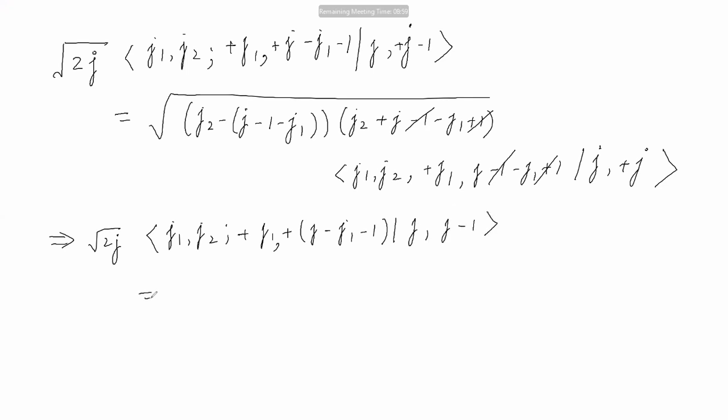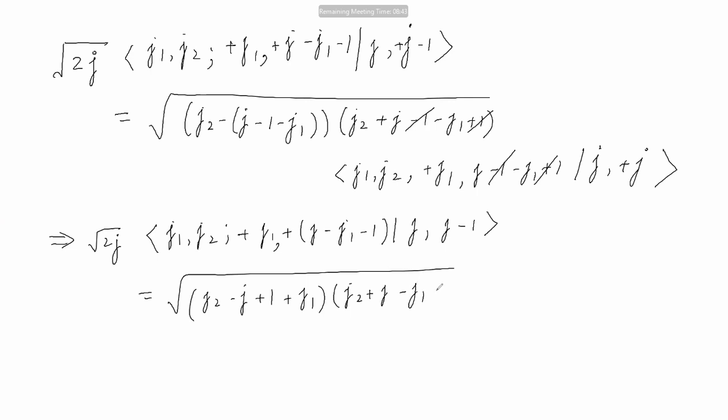This is equal to square root j2 minus j plus 1 plus j1 times j2 plus j minus j1, and the j1, j2 plus j1, j minus j1, j plus. This I will call equation number 7.